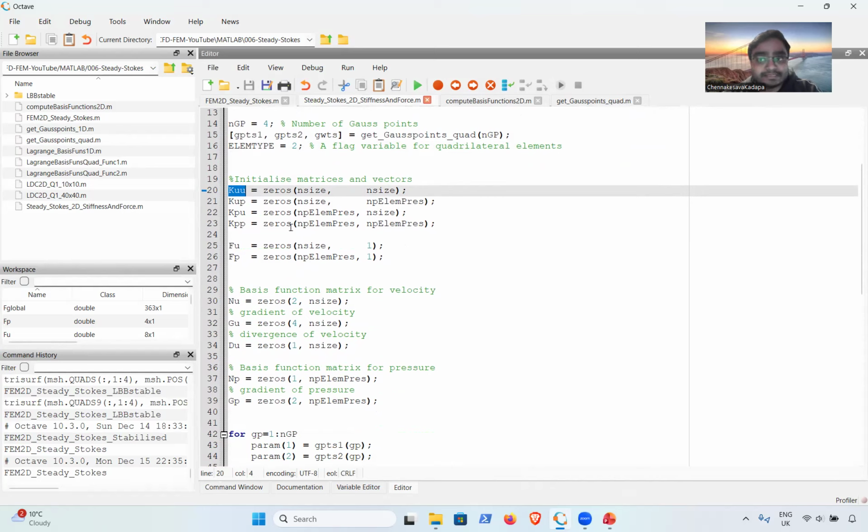These are the element matrices. Okay, we are in the element stiffness calculation subroutine. I'm initializing all the matrices: KUU, KUP, KPU, KPP, FU, FP. Note the difference in sizes. KUU is of size n size by n size.